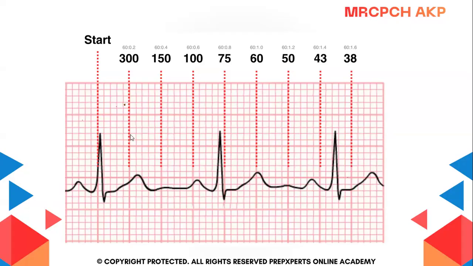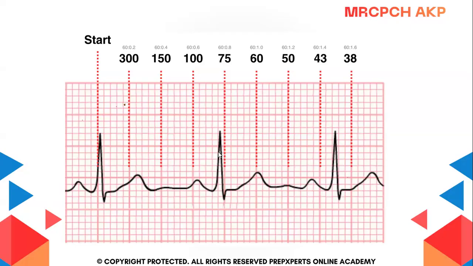beats per minute, right? So, for example, if I'm looking at this ECG, I'll count just the boxes. For example, is there one big box? I'll say 300, 150, 100, 75. So I'll tell the senior that the heart rate of the patient is 75 beats per minute.